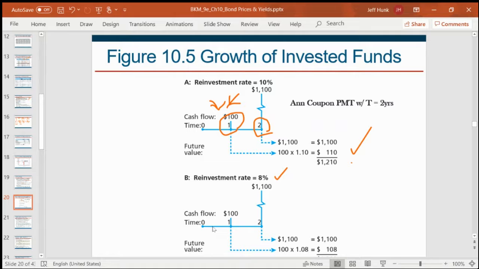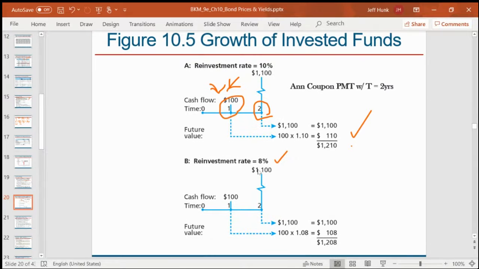And then if the principal was 1,000, at the end of year 2, your principal will be 1,100, right? And the first interest of 100 that you receive will grow to $108 because now the interest rate has changed. It has fallen to 8%. So then your future value at the end of year 2, right?